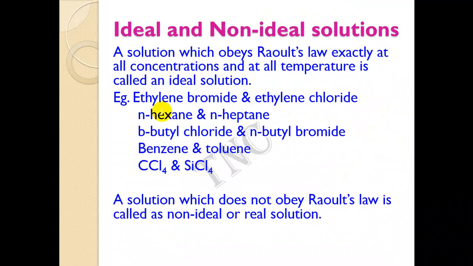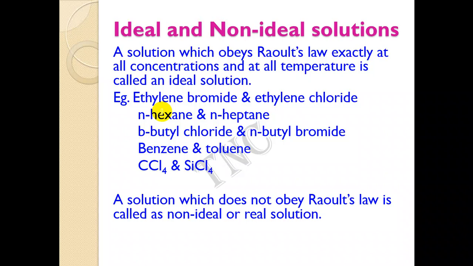Based on Raoult's law, we can classify solutions into two types, ideal and non-ideal. If a solution obeys Raoult's law exactly at all concentrations and all temperatures, it is known as an ideal solution.